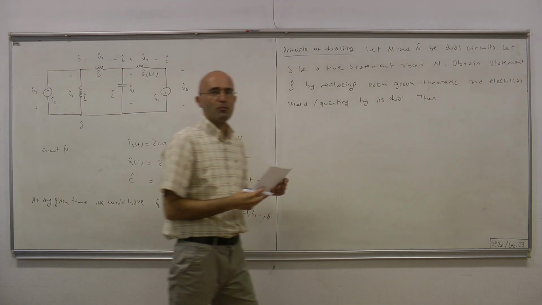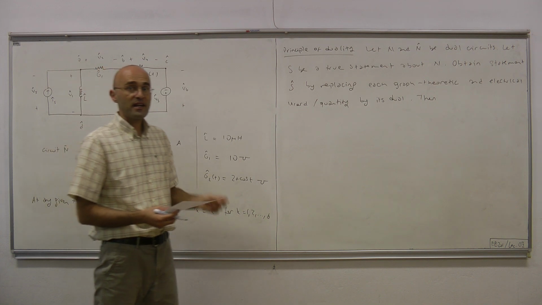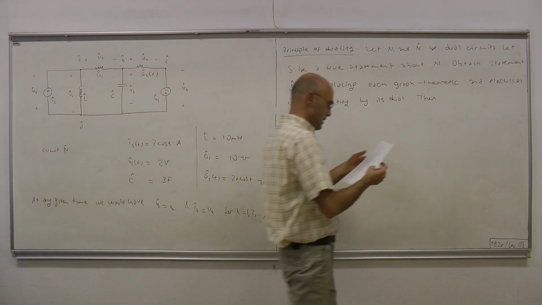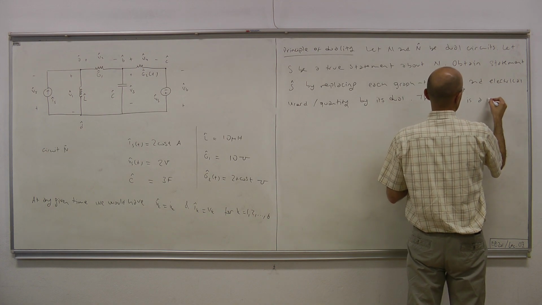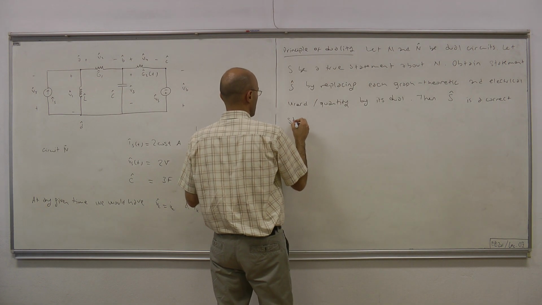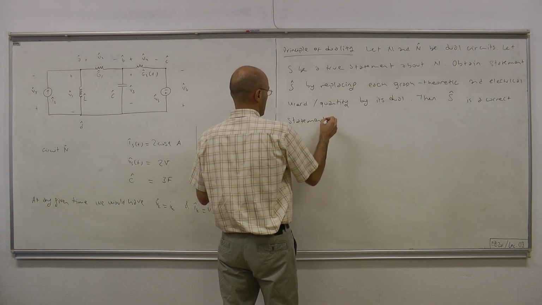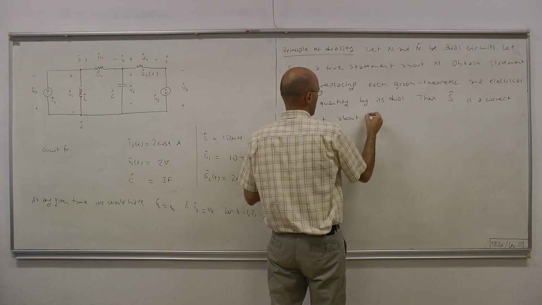And by doing that, you obtain a new statement, and it turns out that that new statement is also correct for the dual circuit. Then S hat is a correct statement about N hat.